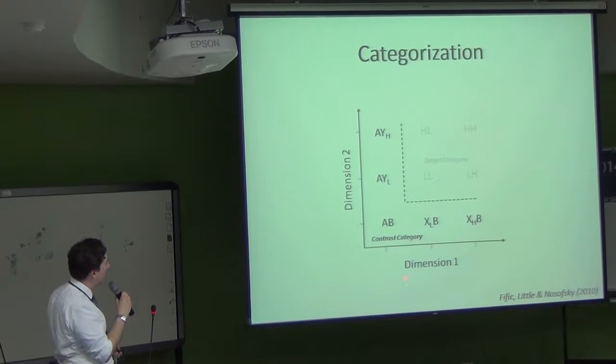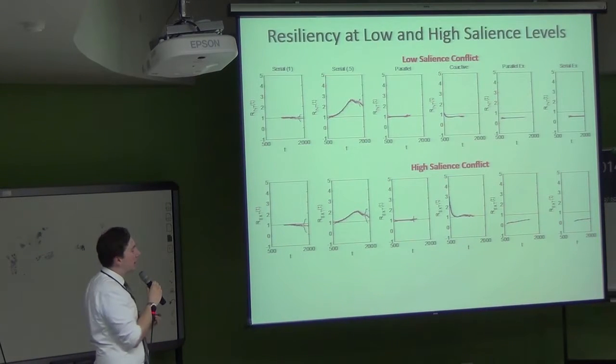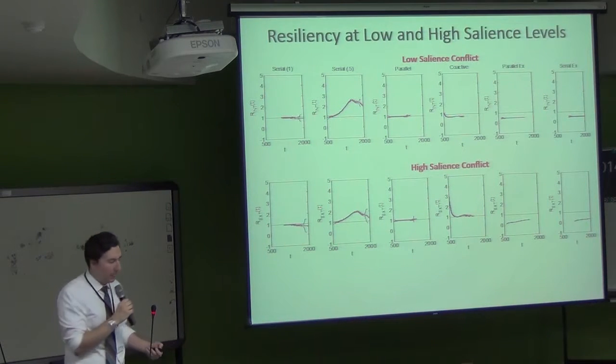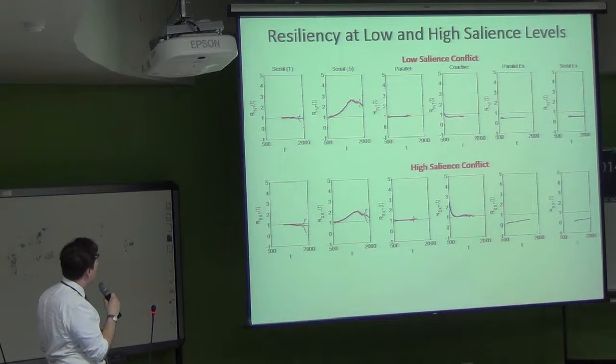So that would be the case whenever I compare this double target to these two double targets, to the case where I compare this double target to the two high salience targets. And what we can do is look at how those particular low and high salience target cases change as a function of the salience of the conflicting information for each of the models.